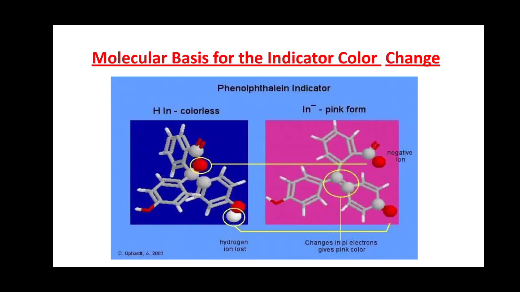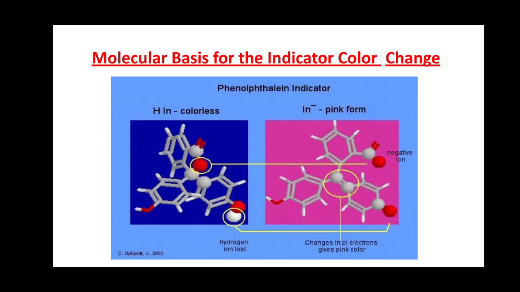So here is the molecular basis for the indicator color change in phenolphthalein. In the molecular structure we can see the hydrogen ion is lost and it becomes negative, that is, colorless to pink as a negative ion.